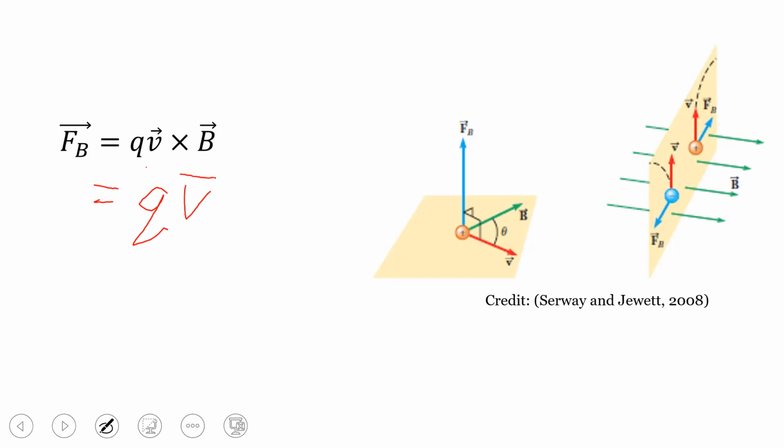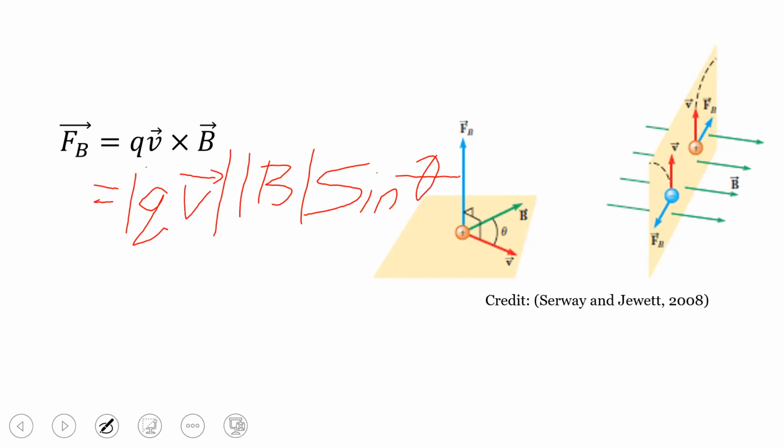We can say that the magnitude is QV times the magnitude of V sine theta. Theta here is the angle between the velocity vector and the magnetic field vector.